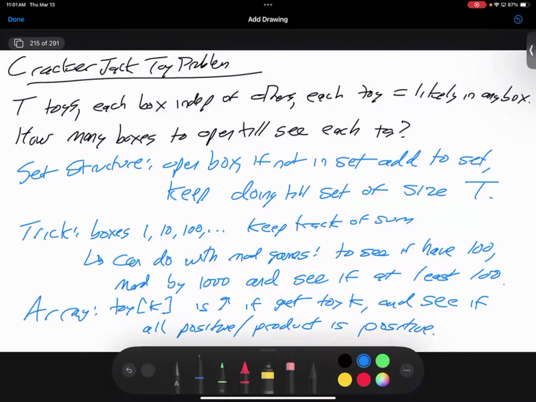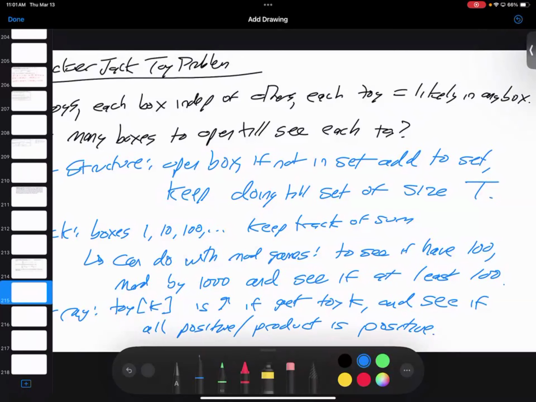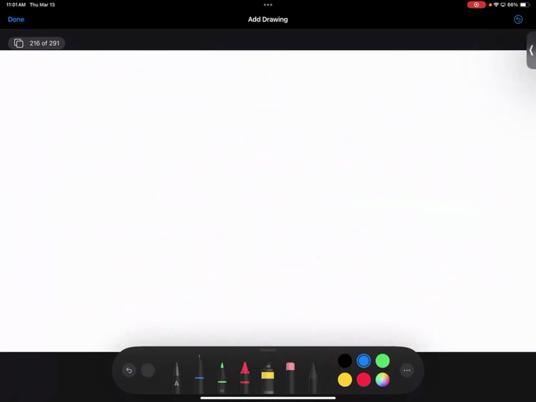So this is actually not a bad way to do things, because if we do it like this, if I then ask you later, how popular was each toy, I now have that information stored.